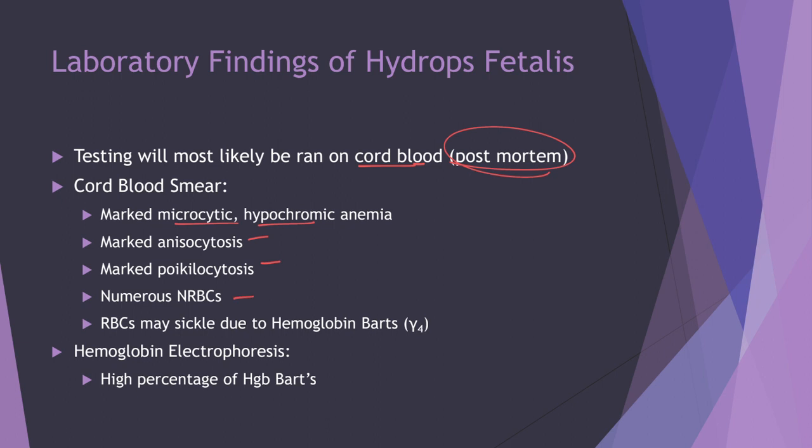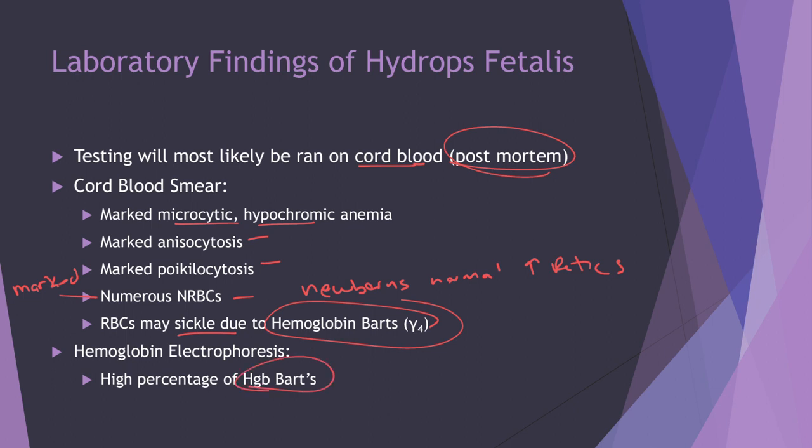And I do want to remind you that newborns normally have an increase in retics, but here there's going to be a marked increase. And then you may see some sickling of those red blood cells due to the hemoglobin Barts. On electrophoresis, there's going to be a real high percentage of hemoglobin Barts.